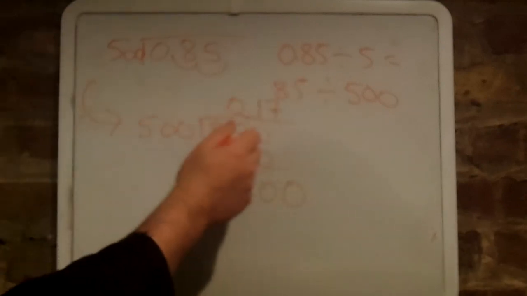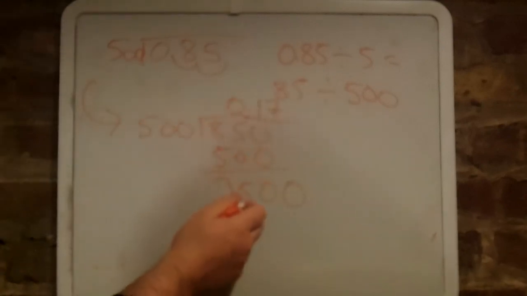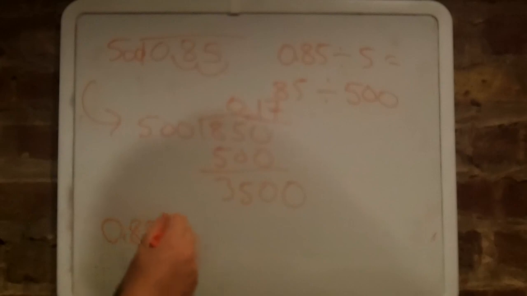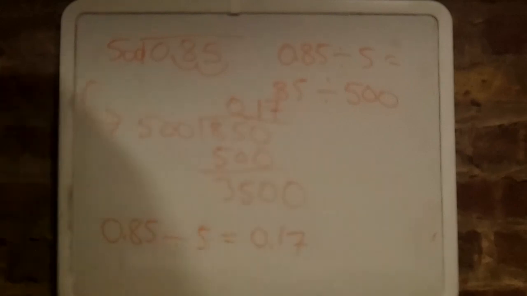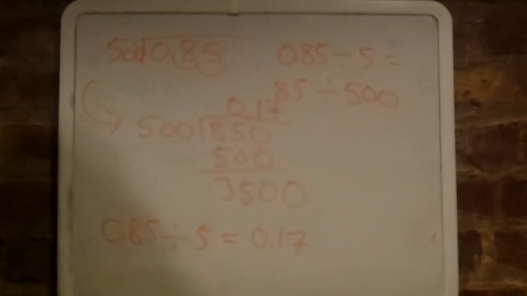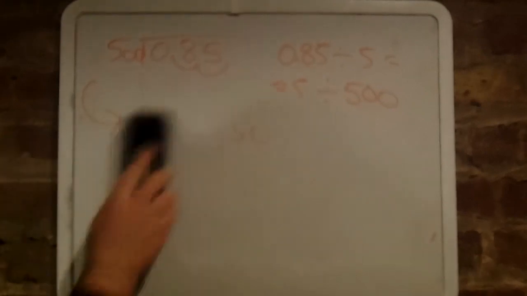Yes, 500 goes into 850 once, and then goes into 3500 7 times. So our answer is going to be 0.17. Everybody makes mistakes. The important thing is to catch them.